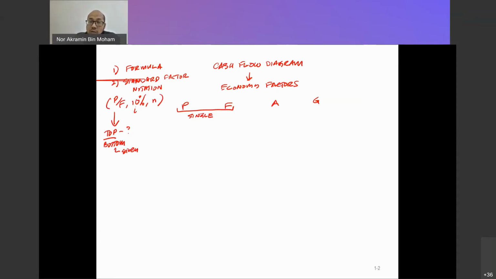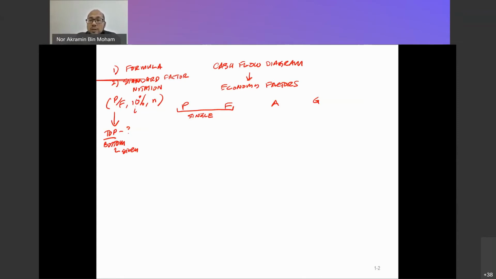The second component in the standard factor notation is the interest rate, and the third component is the period. To get these values using the standard factor notation, we refer to the interest tables.